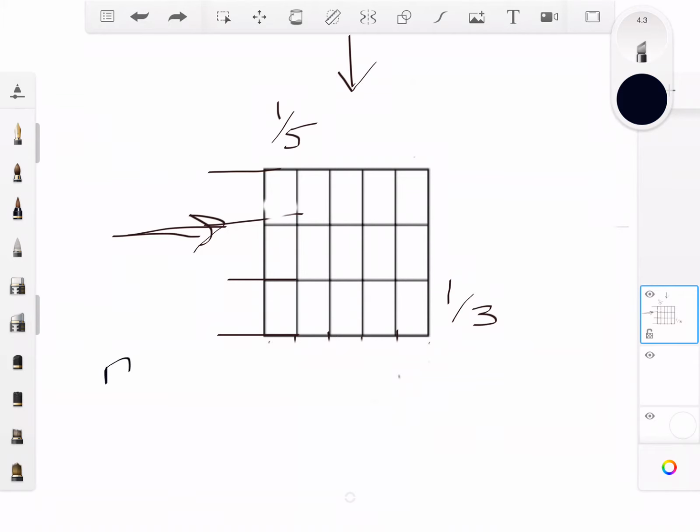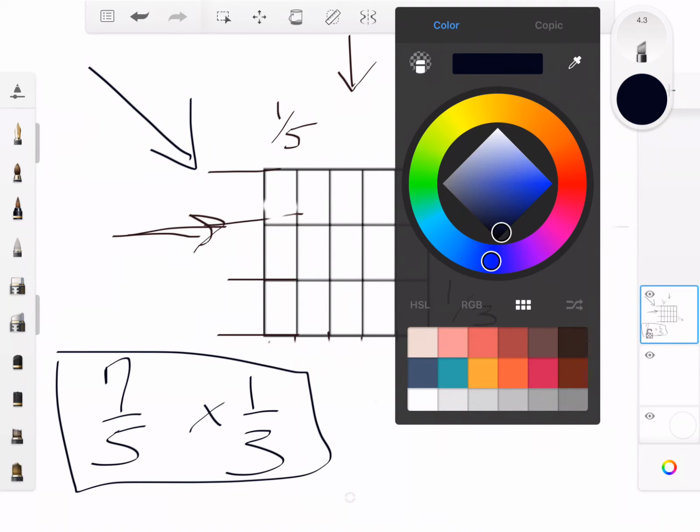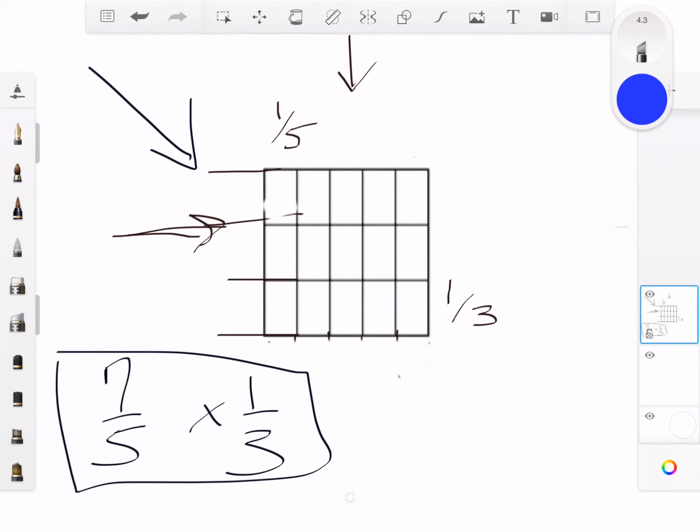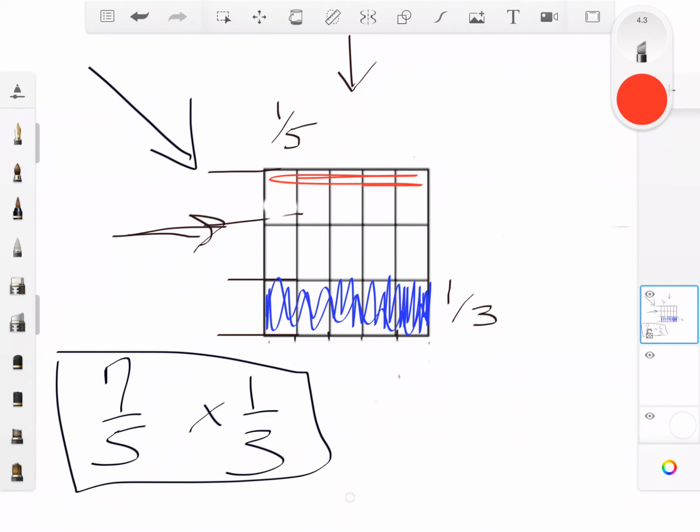D says 7/5 times 1/3. Can you model this equation with this picture? Let's find out. First, I will shade 1/3. And then I need to shade 7/5. I could shade 5/5. That would be the whole thing.